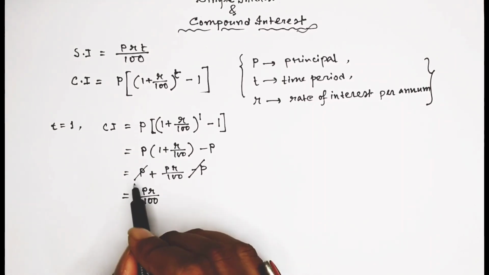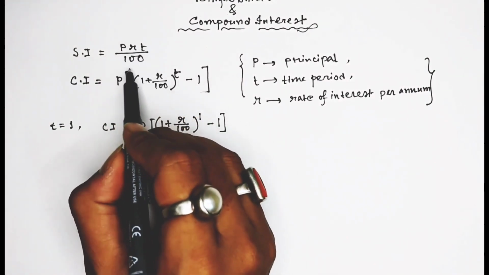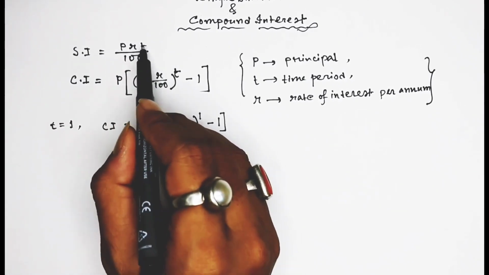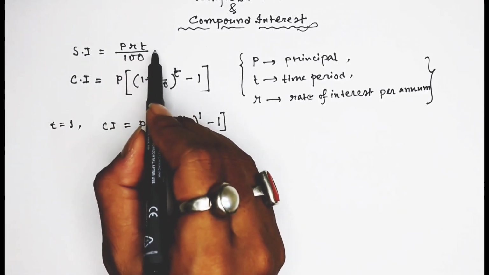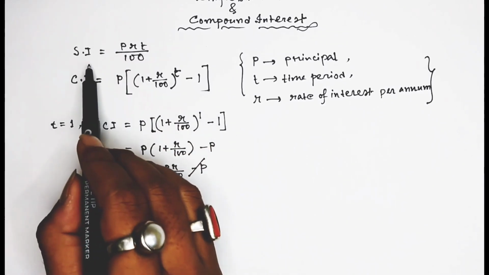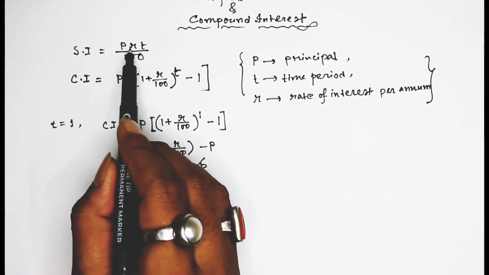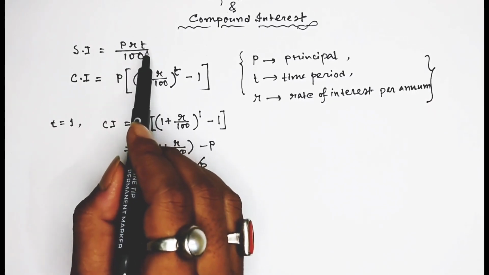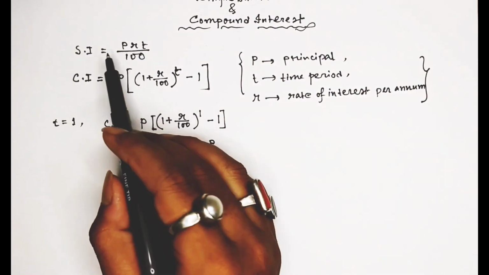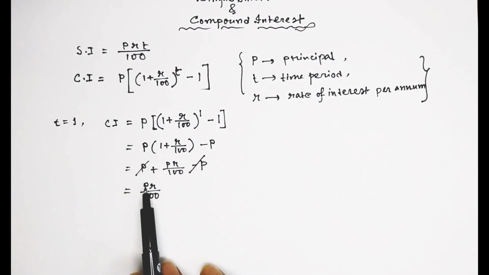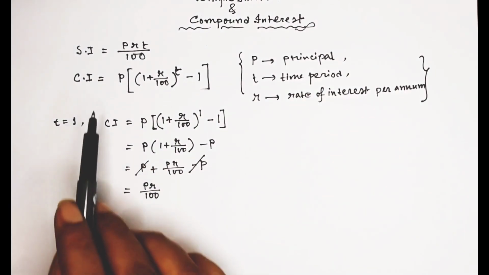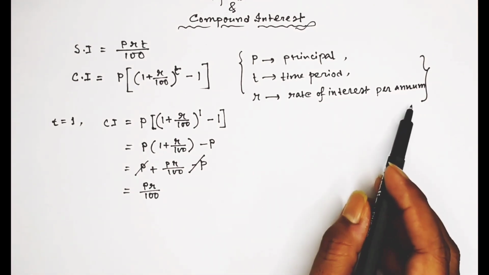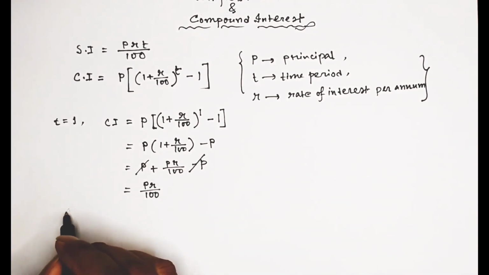This is nothing but the amount of SI we can get from the first equation, SI equals PRT by 100. If we take the value of T equals 1, then we get the value of SI as P into R into 1 by 100, that is PR by 100. We can see that the amount of SI and CI for the first year is exactly the same for the same principal and same rate of interest per annum.